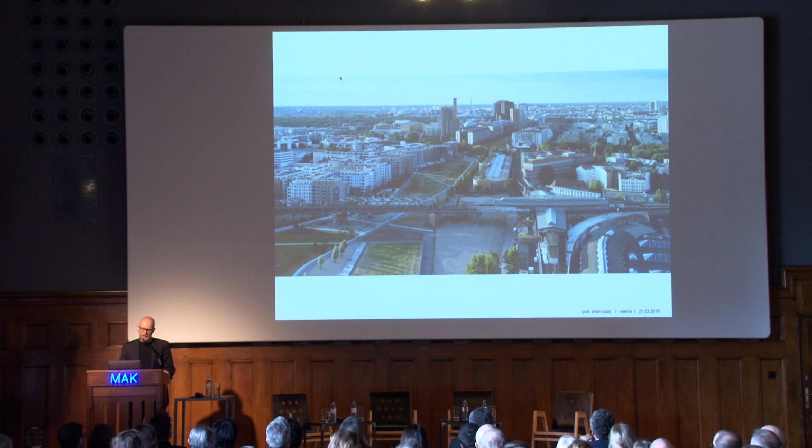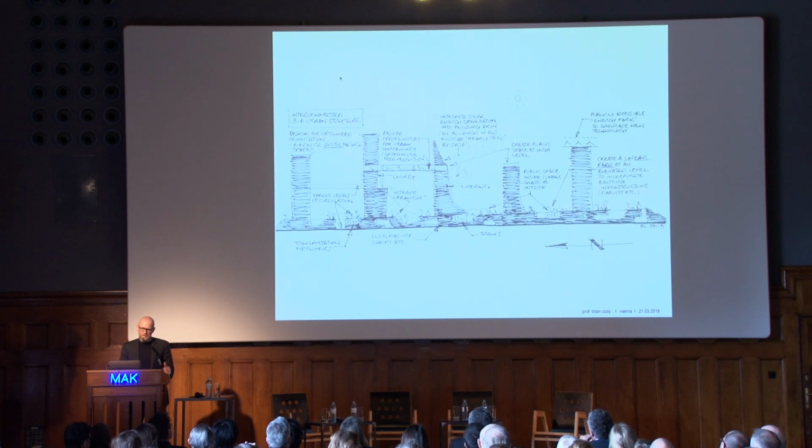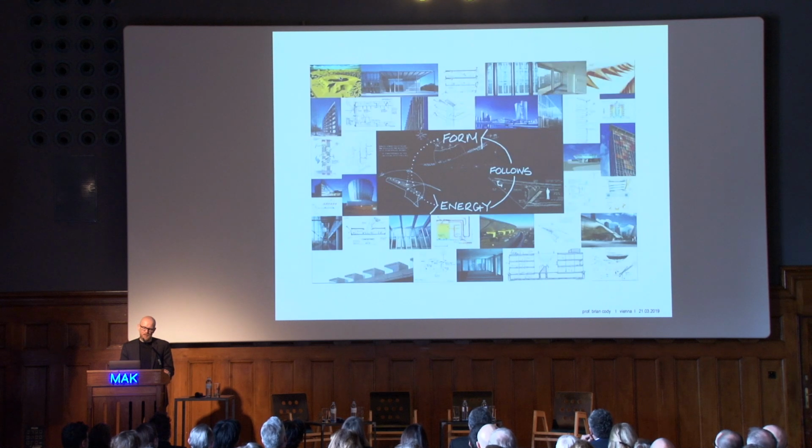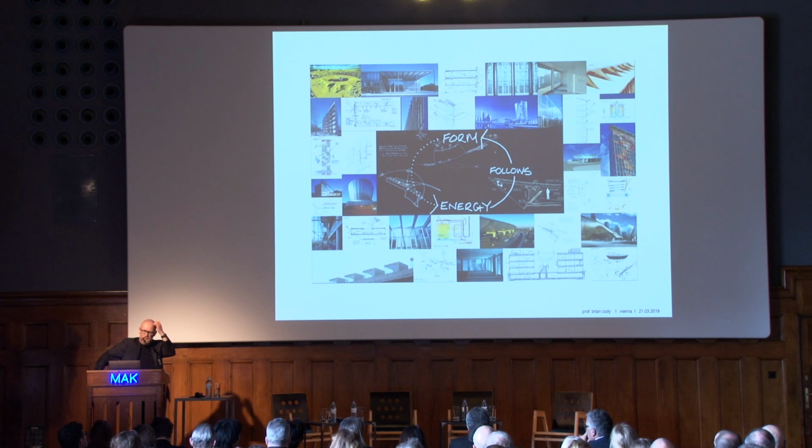So we propose things like this in Berlin. This was Gleisdreieck. So sometimes we do propose things. We know this was with Coop Himmelb(l)au. We're never going to win a competition in Berlin at the moment, but still important to make a statement on how we should really rethink how everything is put together. So form follows energy in the sense is a radical restructuring of the entire infrastructure of society, which is what the research is showing.